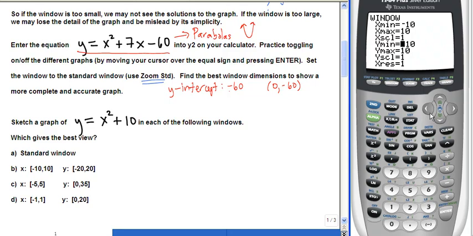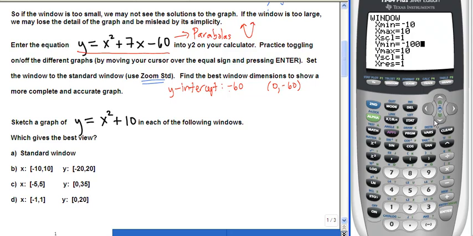Now we know it needs to go to at least -60, but there could potentially be lower points as well. So a lot of times what I'll do is I'll round off to the nearest 10 or hundreds that's closest to the y-intercept. So if I know I need to go to -60, I might lower that a little bit and go to -100. So get a little bit of buffer space.